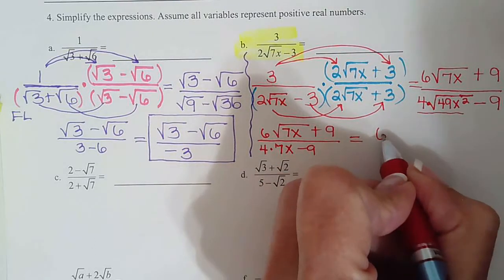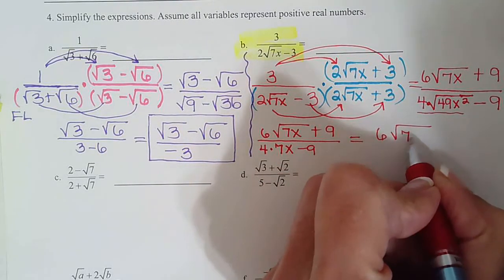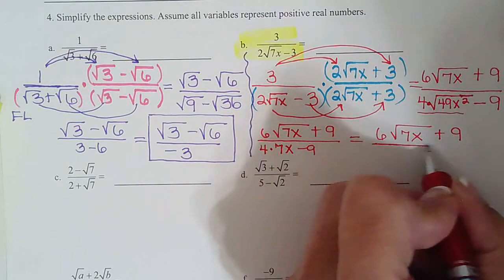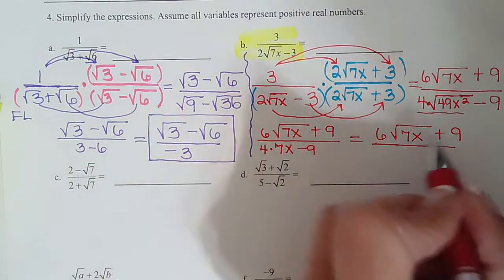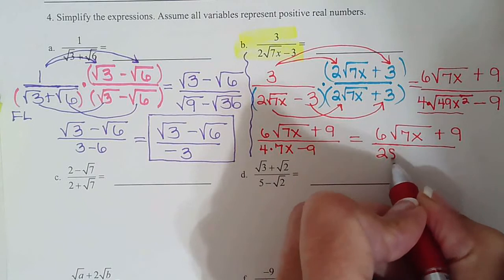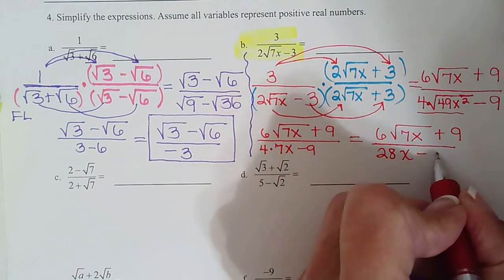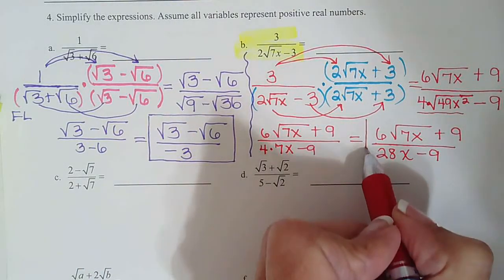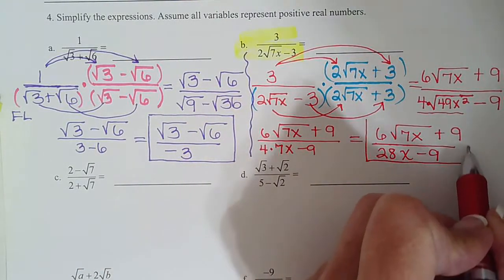And so the numerator again stays the same. It's all simplified. There aren't any like terms, can't do anything there. And the denominator is going to turn into 28x minus 9. Radical is gone. So there we have it. Achieved our goal.